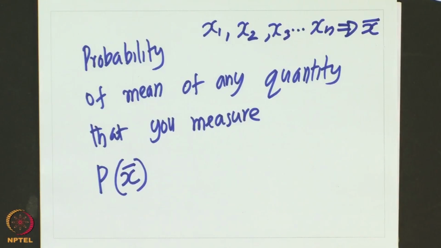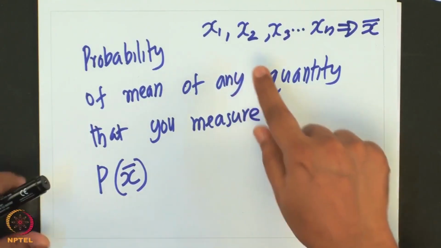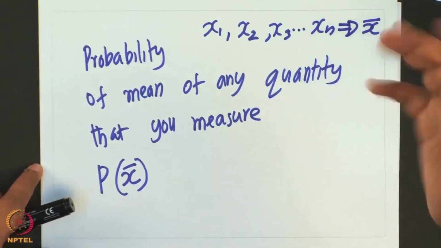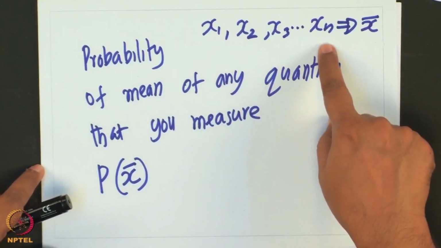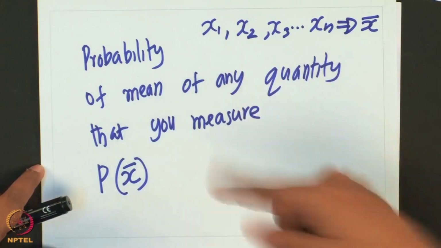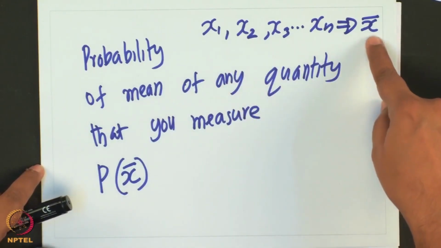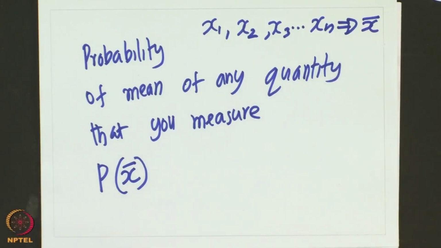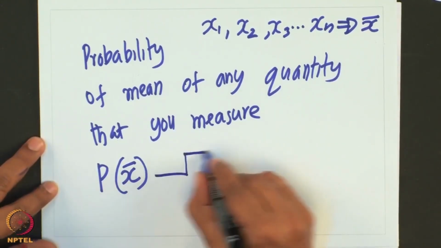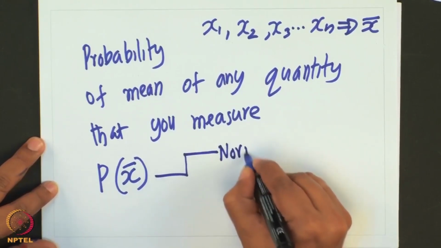If you repeat this experiment many times, so let us say many different people do this measurement n times, and calculate x bar, and if we plot all these x bar, you would get a normal distribution.